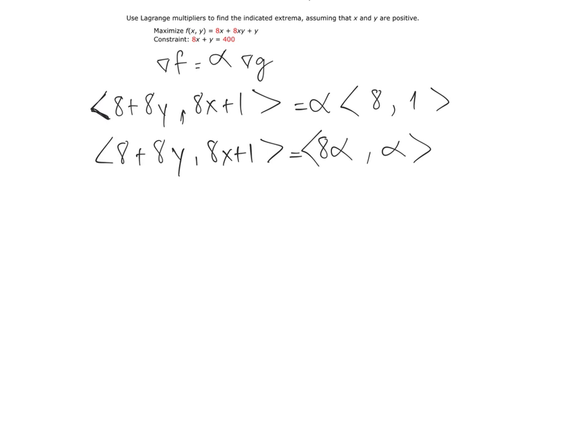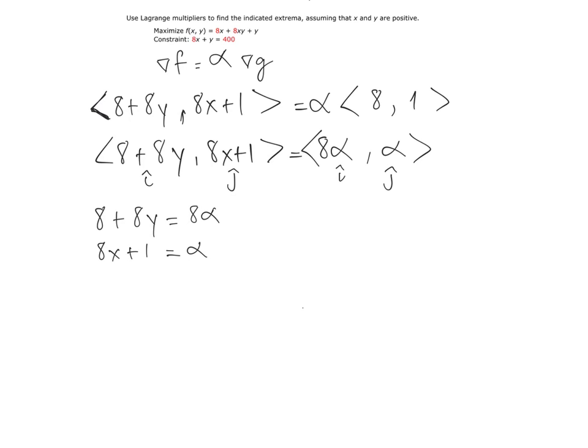Okay, now you can set your i components and your j components equal to each other, because you're trying to find the alpha. All right, so 8 plus 8y equals 8 alpha, and 8x plus 1 equals alpha.